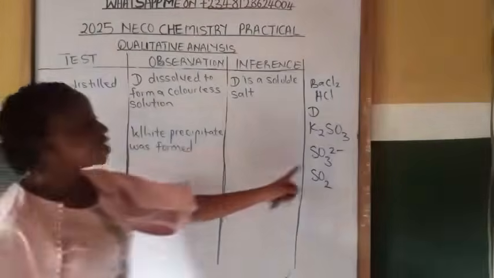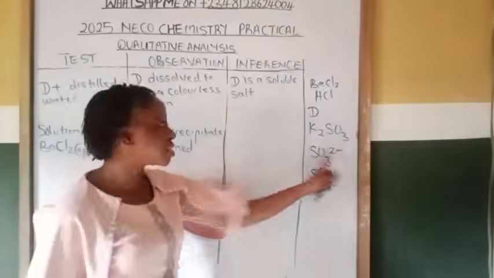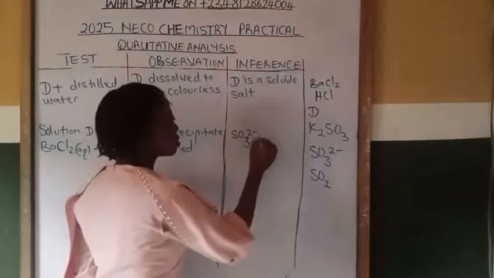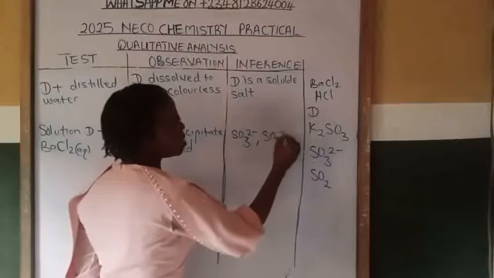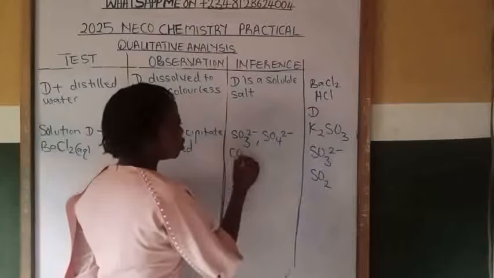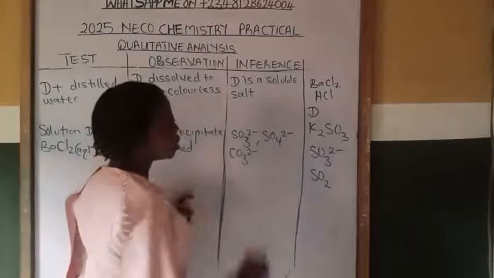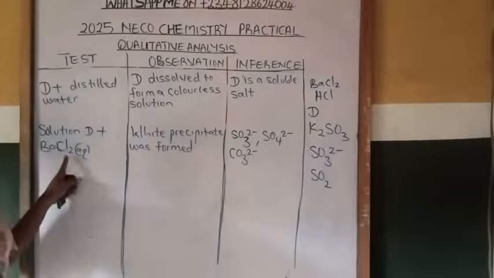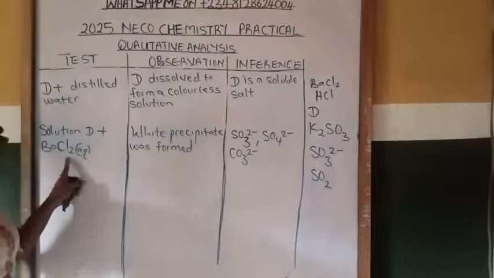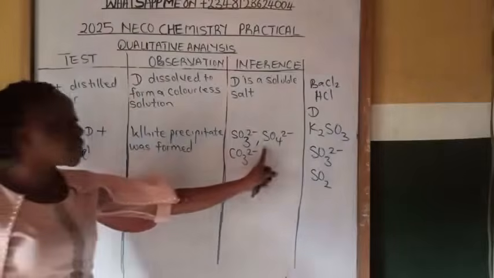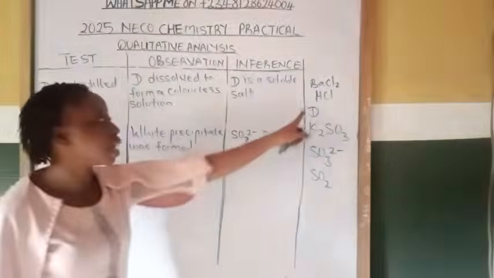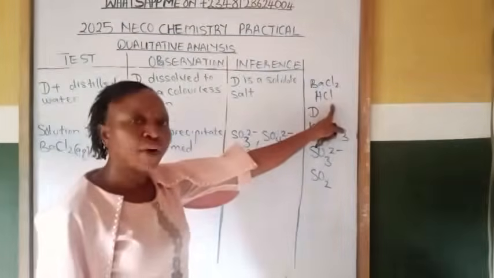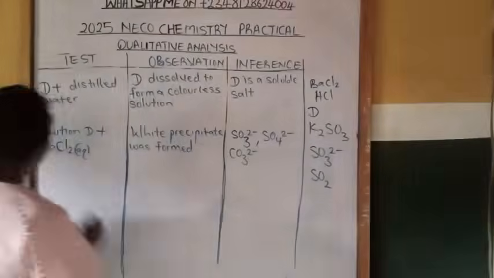Not only SO3 minus will give you white precipitate; SO4 minus and CO3 minus will give you white precipitate on addition of barium chloride. So to confirm the one that we are talking about, we are going to add dilute HCl. So dilute HCl will serve as the confirmatory test.